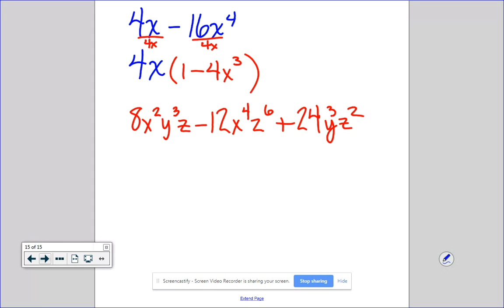What's their GCF? What do they all three have in common? 4z, right?